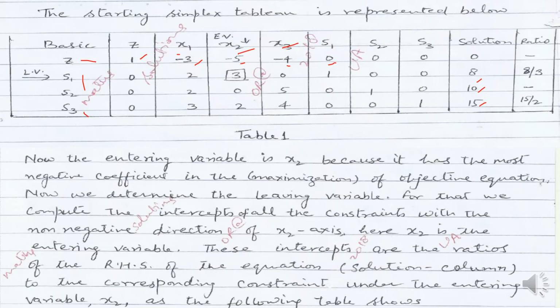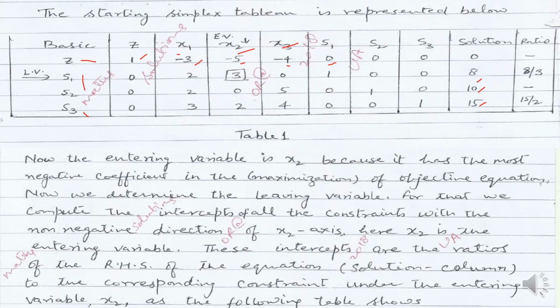And the s1 row shows the first constraint's coefficients. So we write down coefficients of the first constraint in the S1 row, coefficients of the second constraint in the S2 row, and in the S3 row coefficients of the third constraint.